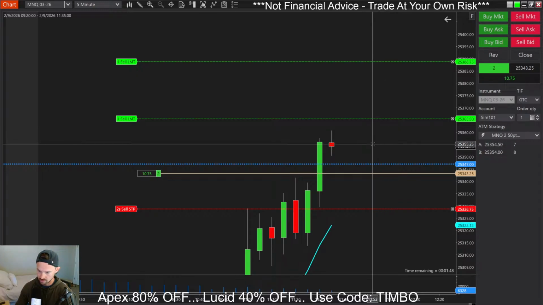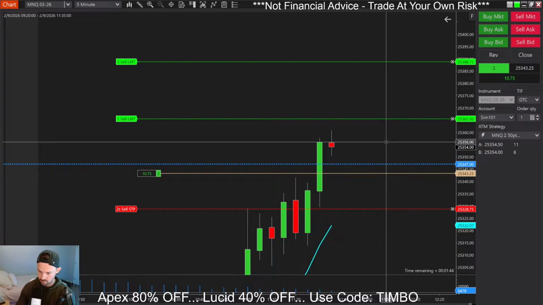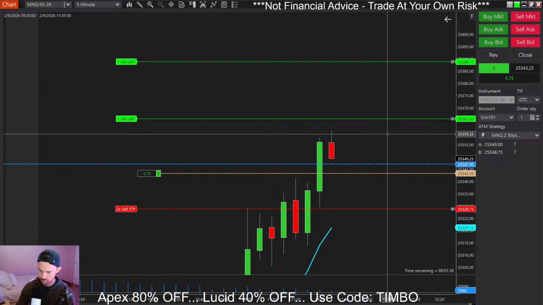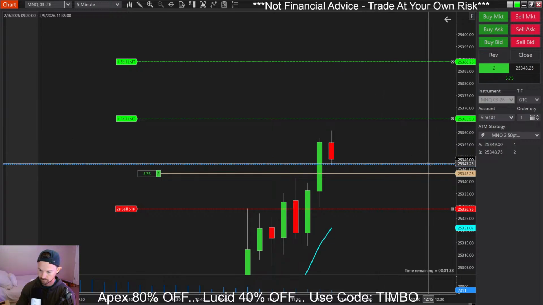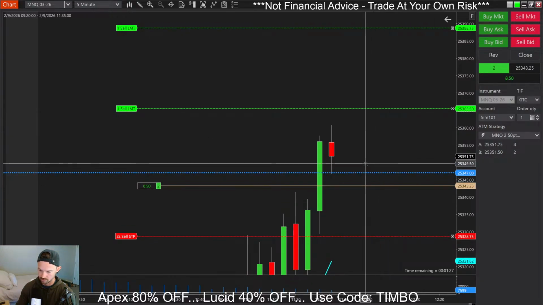NQ showing a little bit of rejection here. Let's see if we can hold that overnight high on this little retest.